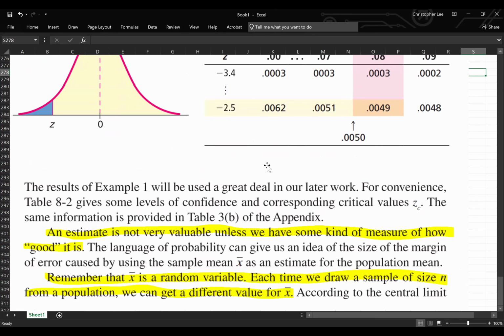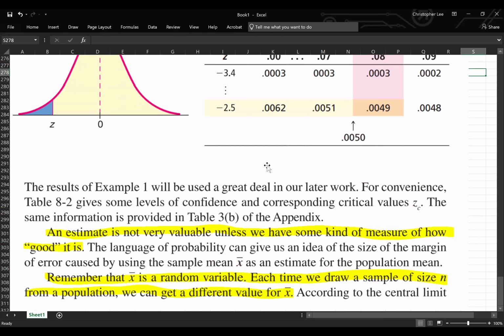All right, so look, the results of example 1 will be used a great deal in our later work. For your convenience, table 8.2 gives some levels of confidence and corresponding Z critical values. The same information is provided in table 3B of the appendix. An estimate is not very valuable unless we have some measure of how good it is.